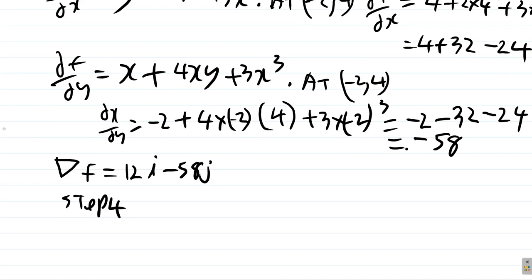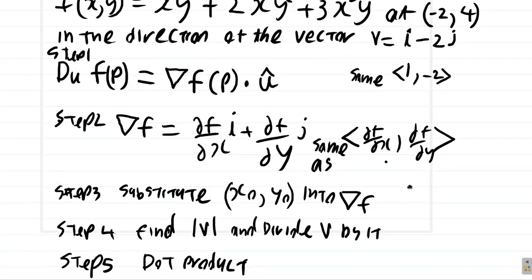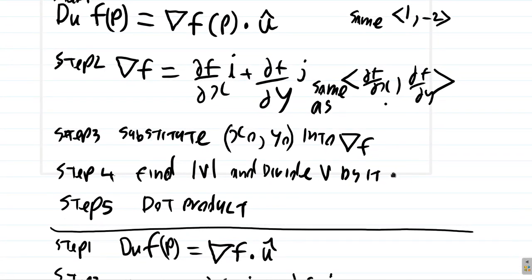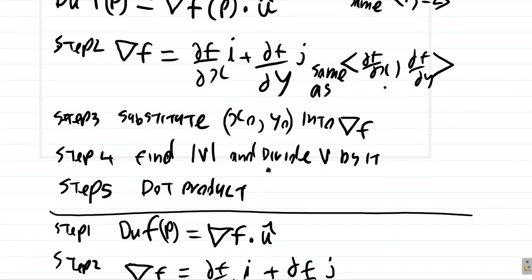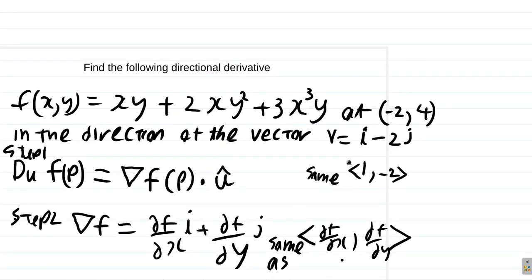Of course, in an exam, you would need to be writing step this and step that. I'm writing here because it's a matter of helping to remember the steps. Now, you're going to find the unit vector. The vector whose direction the movement takes place, v is equal to i minus 2j.